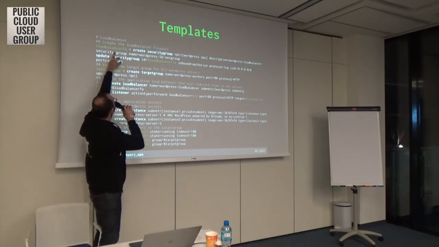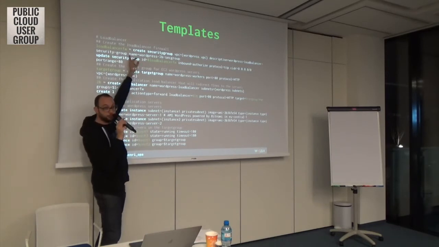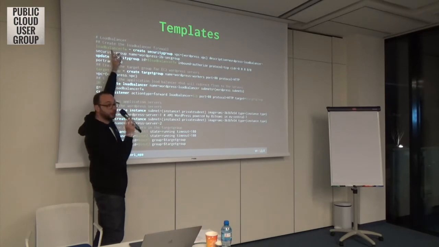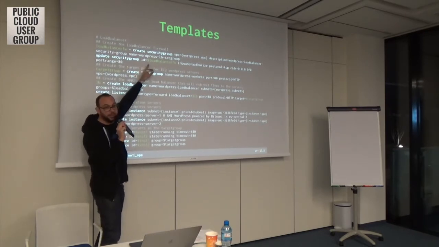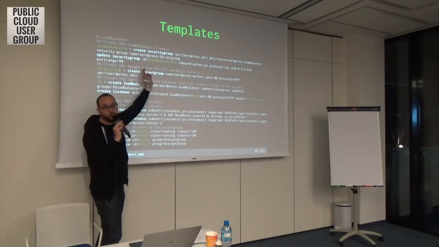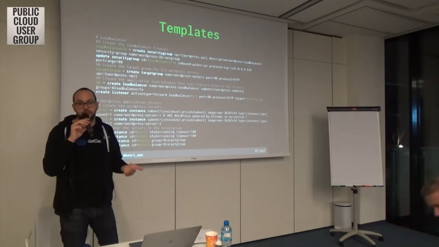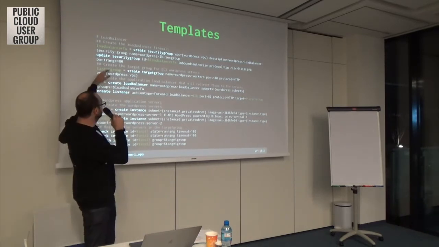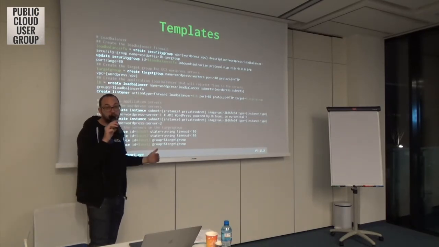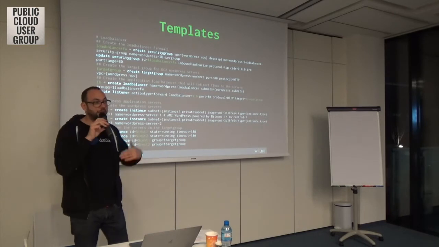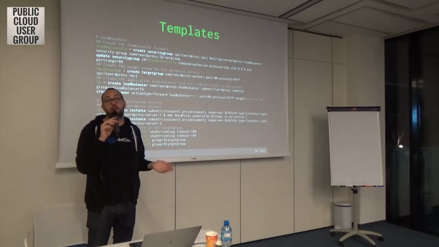So the idea is you can assign the output of a given AWLESS command to a variable. And then you can reuse that variable as a parameter for a subsequent command. And this enables you to write imperative style templates, which are very easy, for instance, compared to Terraform.